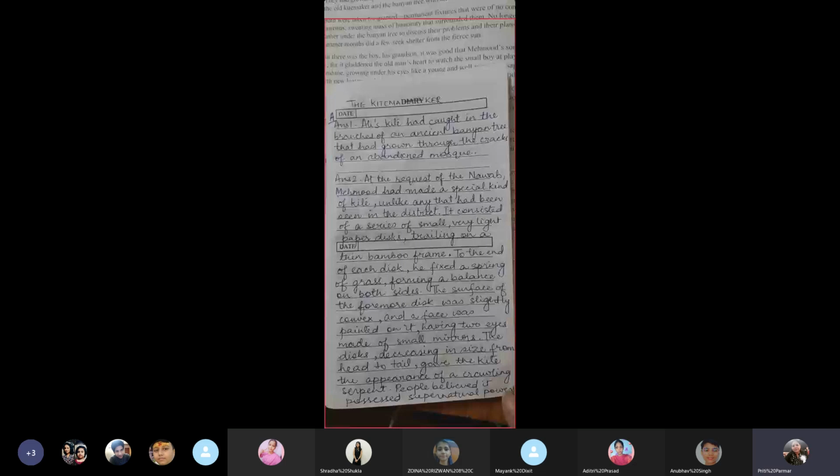It consisted of a series of small, very light paper discs, trailing on a thin bamboo frame. To the end of each disc, he fixed a spring of grass, forming a balance on both sides.